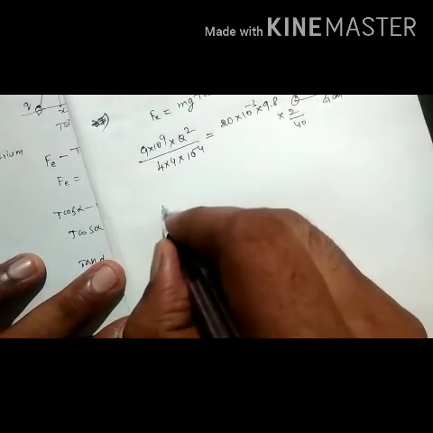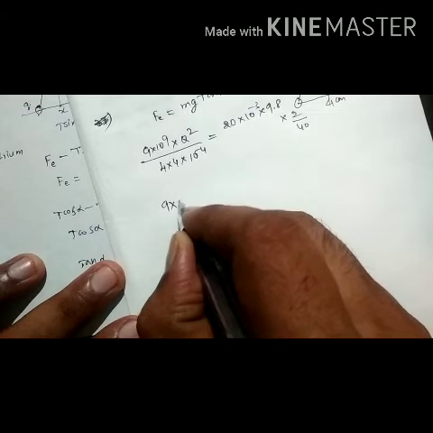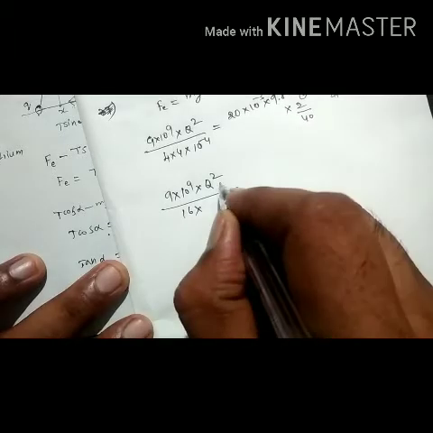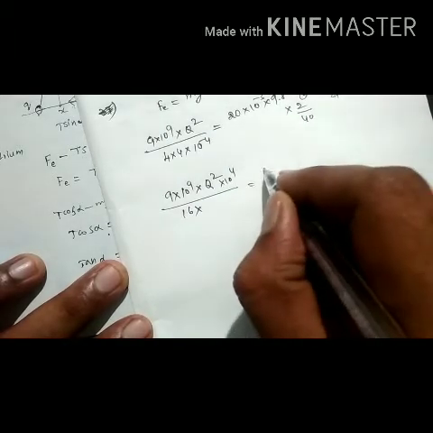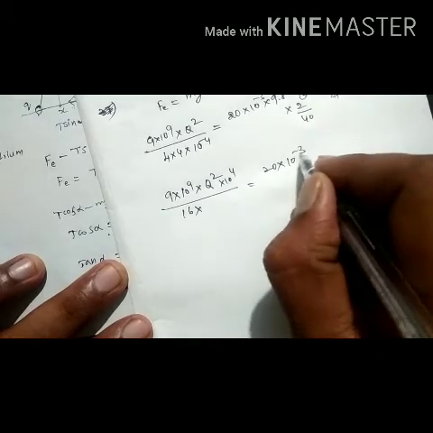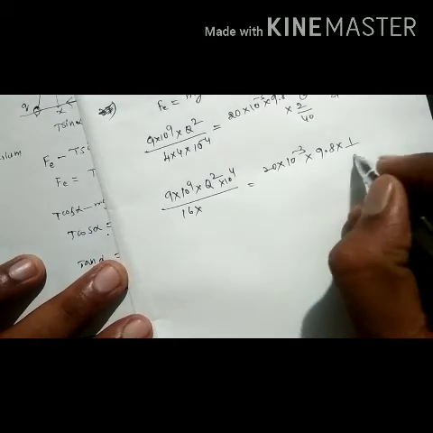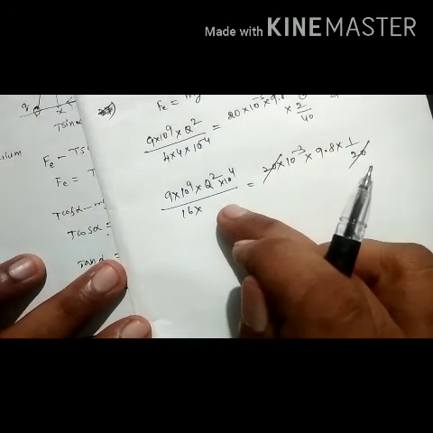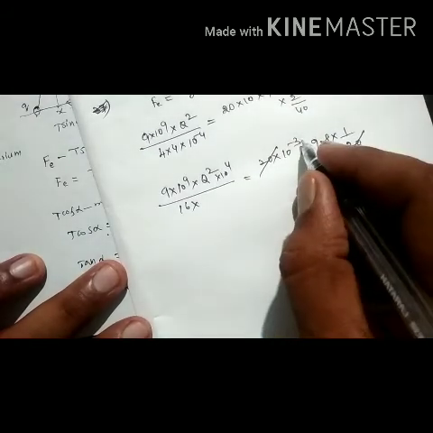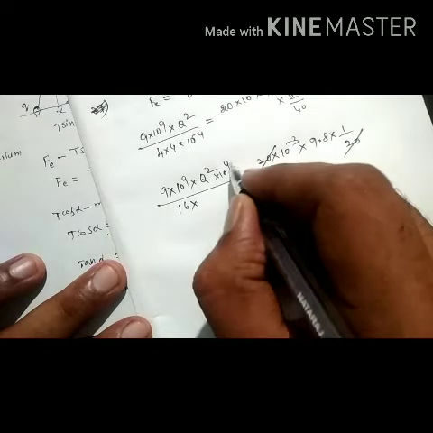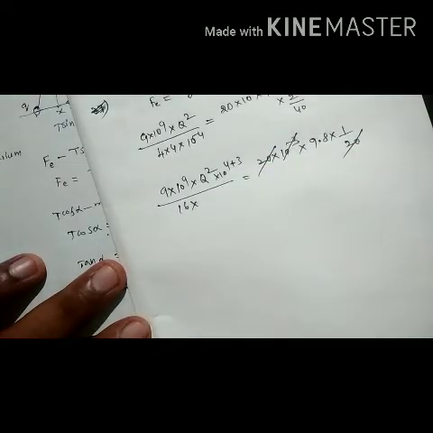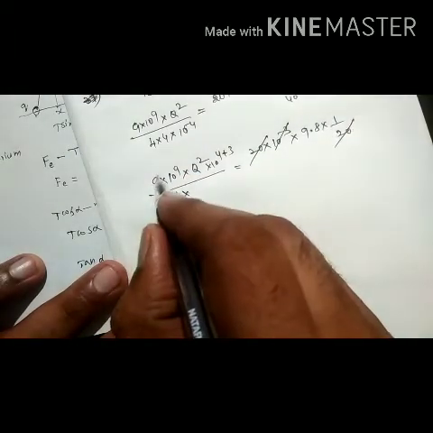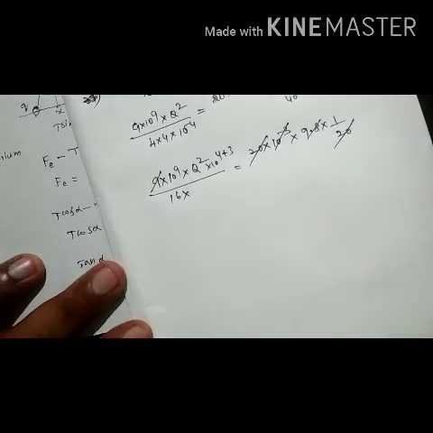So if you simplify this, 9 into 10 to the power of 9 into q square by 16 into 10 to the power of 4 equals 20 into 10 to the power of minus 3 into 9.8 into 1 by 20. The 20 and 20 get cancelled. If you bring this across, 10 to the power of minus 3 becomes 10 to the power of 3. The 9 and 9.8 can be cancelled approximately.